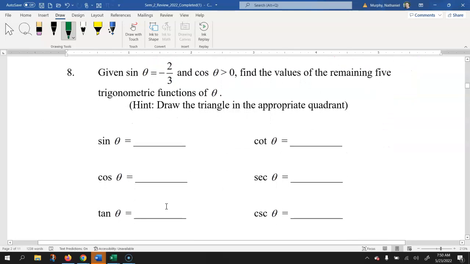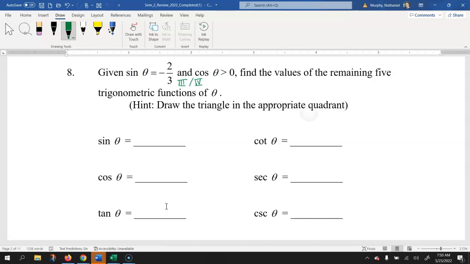All right, let's look at number 8. Given sine of theta is negative 2/3 and cosine of theta is positive, find the values of the remaining 5 trigonometric functions. Draw the triangle in the appropriate quadrant. All right, so let's think about this for a second. When sine is negative, that happens in quadrants 3 and 4.